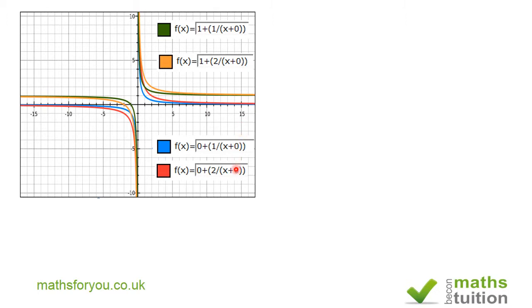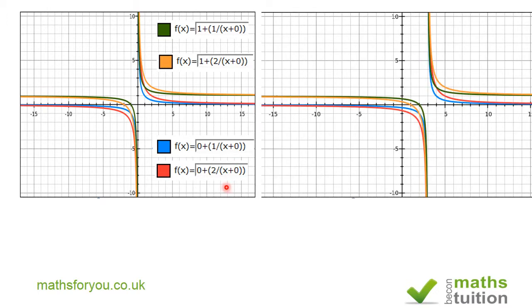Now for the next set of graphs, as before, for the blue and the red graph here, my horizontal asymptote is y is equal to 0. And now I've changed the vertical asymptote to x is equal to 3, because x minus 3 is equal to 0, so x is equal to 3.